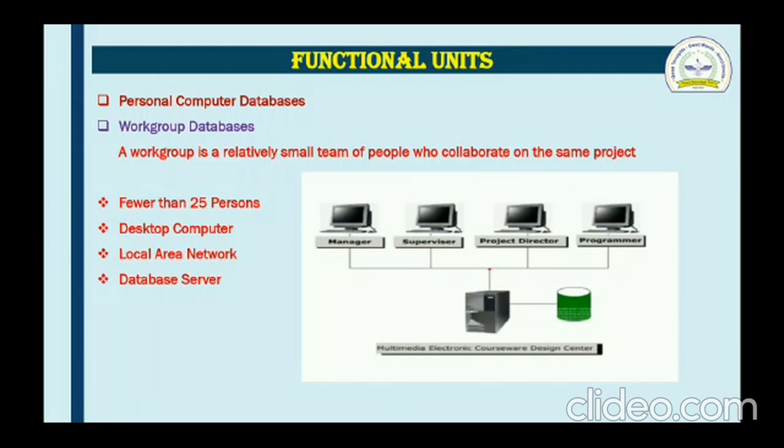A workgroup typically comprises fewer than 25 persons. Each member of the workgroup has a desktop computer and the computers are linked by a local area network. The database is stored on a central device called a database server, which is also connected to the network.